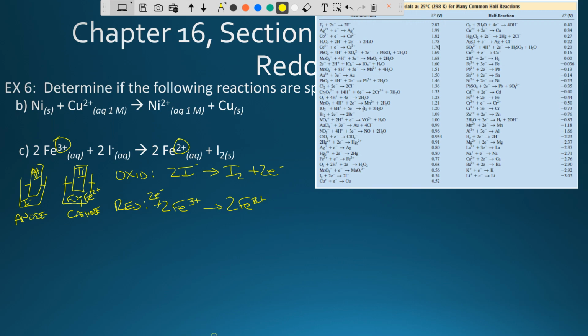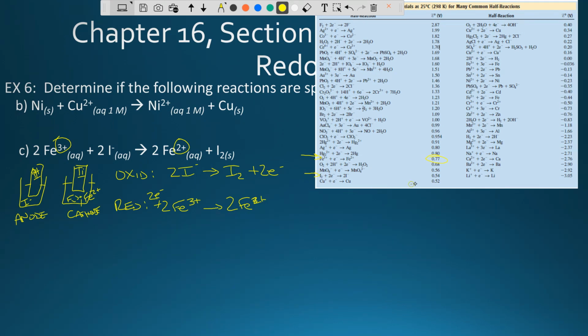And now let's break this apart in terms of the energy. If I take a look at the reduction side of things and I look for my iron, I see that I've got a 0.769 for that. And so here's my iron right here. Your book has a 0.77. And then we see also my iodine.